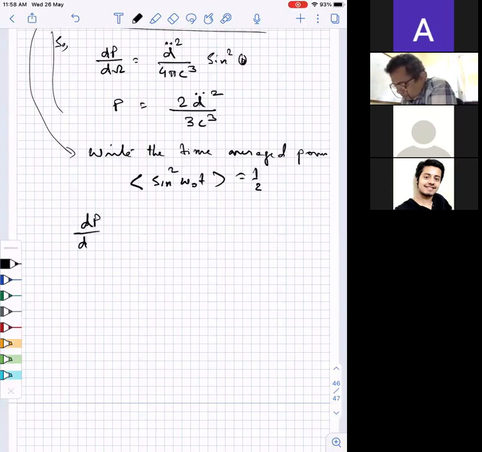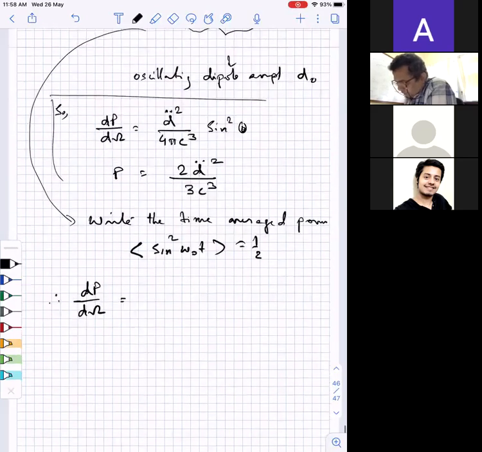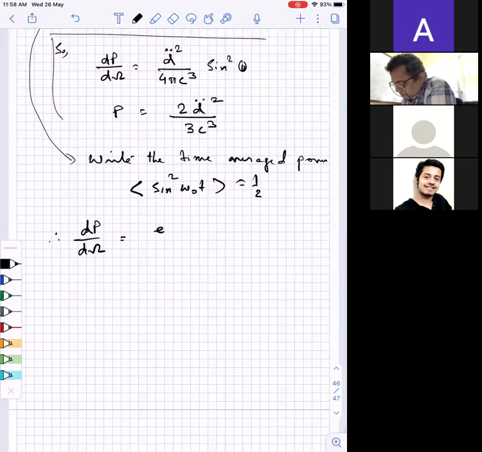therefore, dP/dΩ will give you e to the power 4 E0 squared by 8 pi m squared c cubed, times sine squared theta.